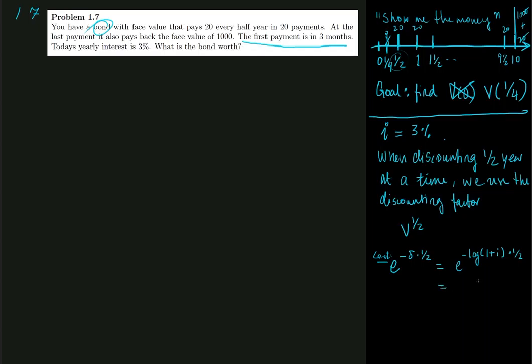And this is just equal to 1 over 1 plus i to the 1/2, which is also just v to the 1/2. And also intuitively, it makes sense that the discounting factor per 1/2 year jump we use is just v to the 1/2. In the same sense, if we just consider a quarter year, then the discounting factor we use for a quarter year is v to the 1/4. So this was the background for this exercise. In the next part, we will do the calculations.